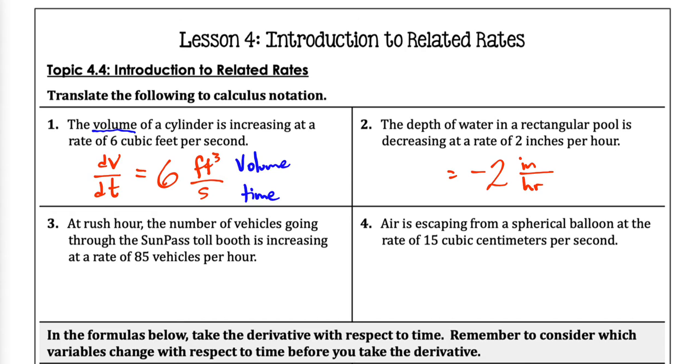And then what am I going to label it? I know they're both going to be derivatives, and I just need to come up with the correct labels. So what's the top labeling? Inches. That's a length. But in the problem, they call it a depth. So I would have the derivative of the depth compared to time.